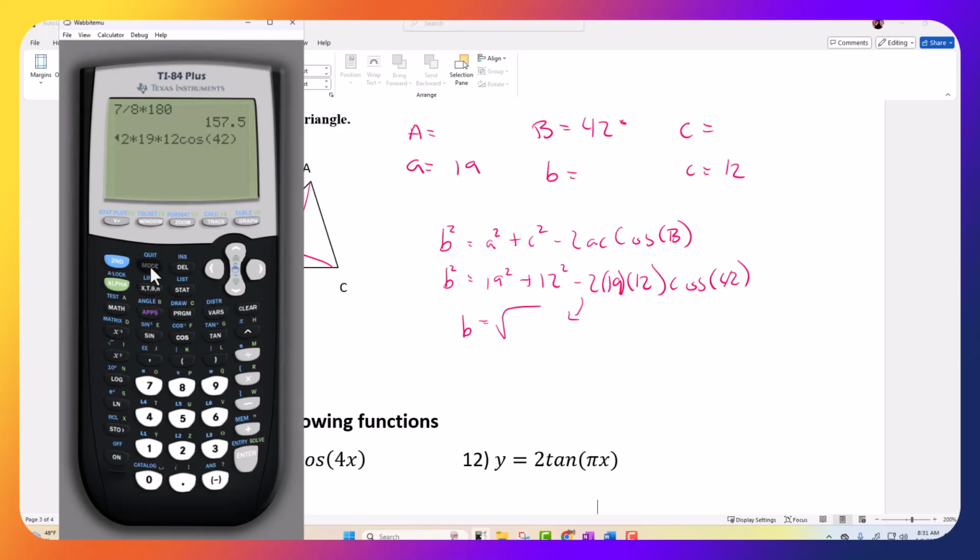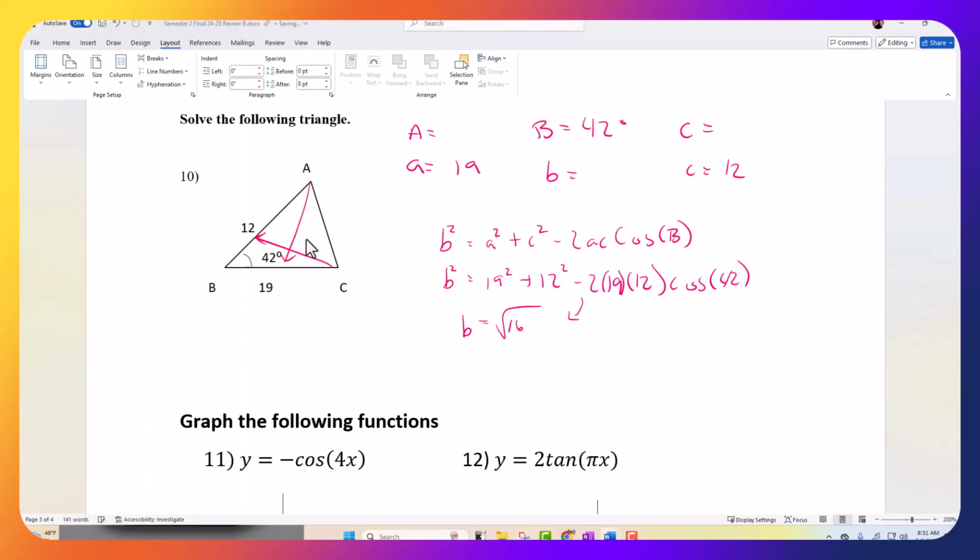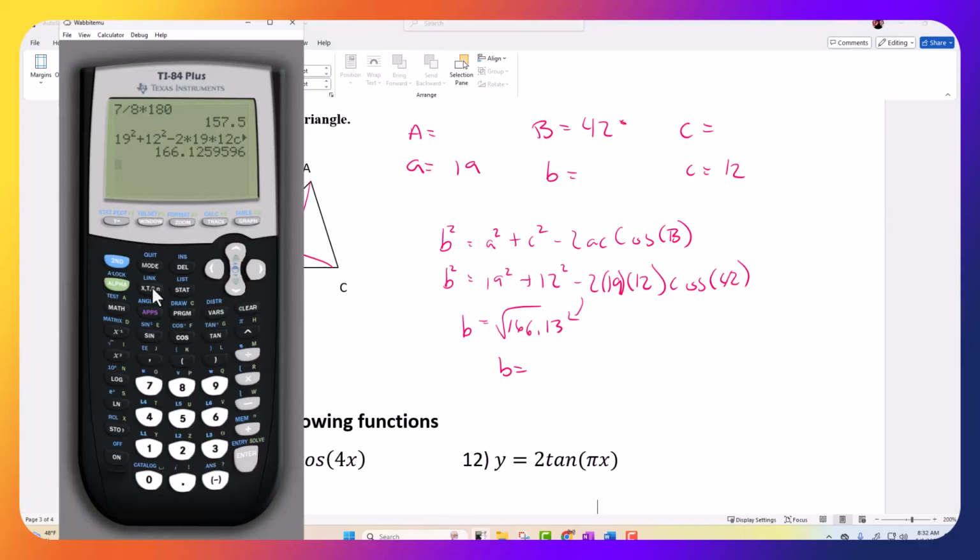You do want to make sure that your mode is degree mode, which mine is. And so when I press enter, I get 166.13. And I need to take the square root of that to get my actual b value. So I'll take the square root of that answer. You get 12.89.